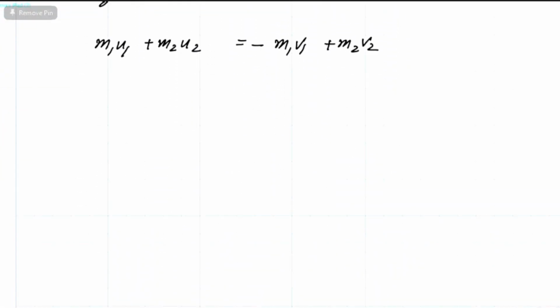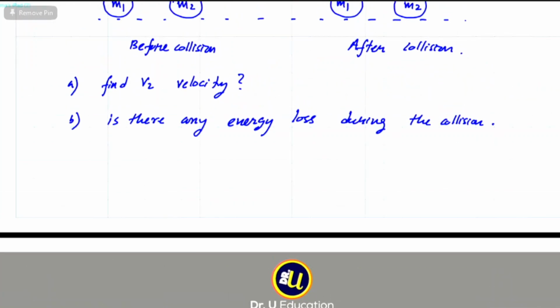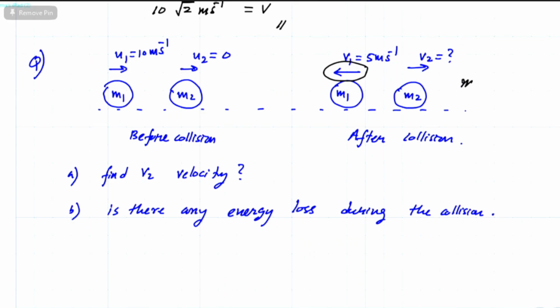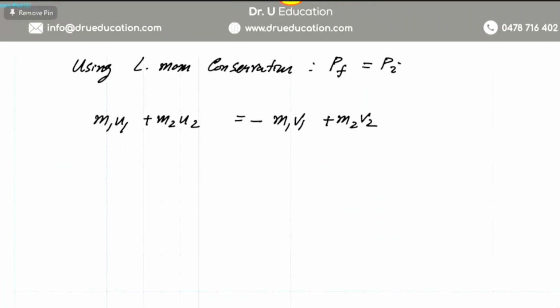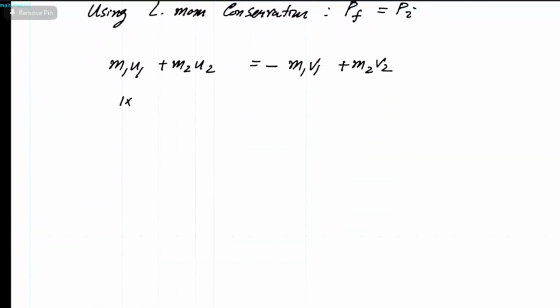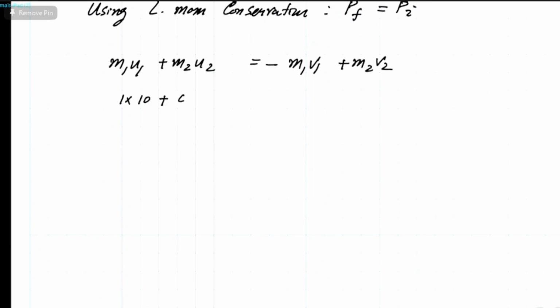So from here, M1 is 1, M2 is 1. So you have 1 times U1, how much is U1? 10 plus 0 is equal to minus 1 times 5 plus 1 times V2. So we will get 10 is equal to minus 5 plus V2. So V2 should be 15.